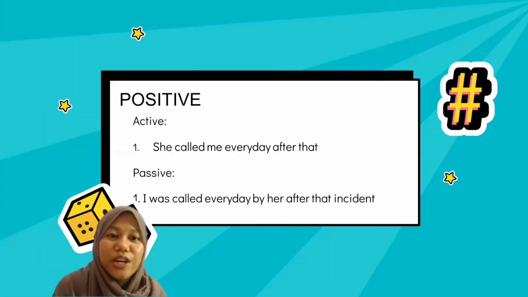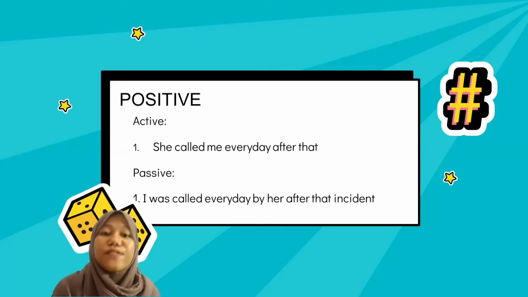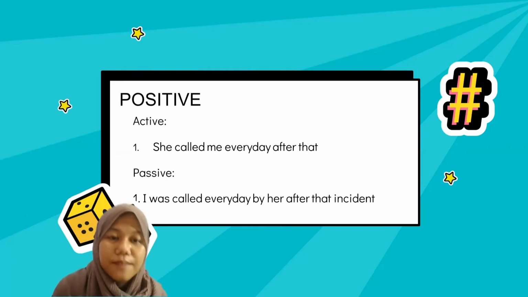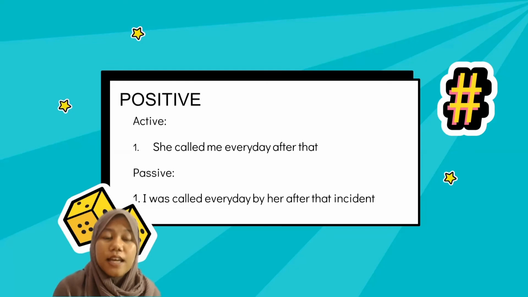Okay guys, so next we will give some examples for passive voice simple past tense. The first is a positive sentence. We have an active sentence and the sentence is, she called me every day after that. We know the formula of an active sentence is subject plus verb 2 plus object.